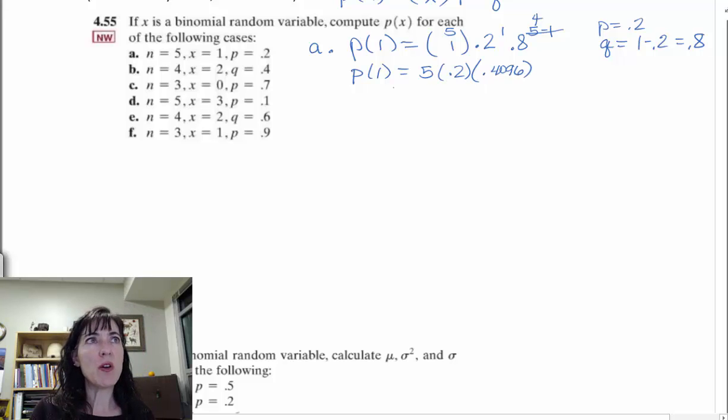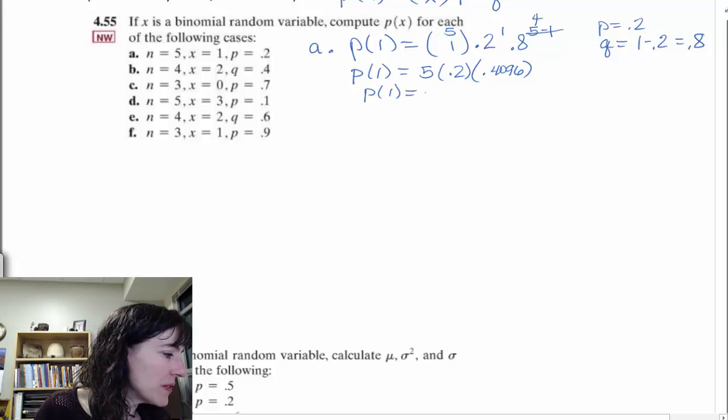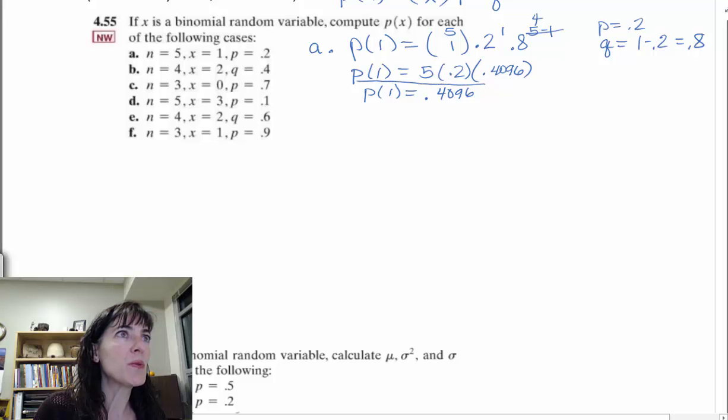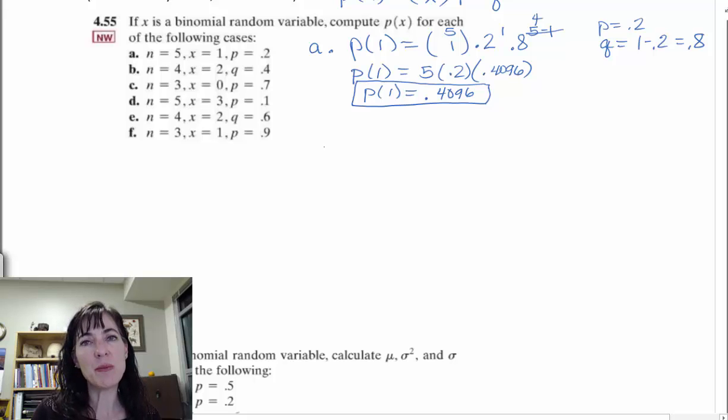And when I multiply all of those together, I get probability of exactly one success for these 5 trials is going to be 0.4096. And this is how I would want to write my answer, because it tells me what my X was that I'm looking for on there.